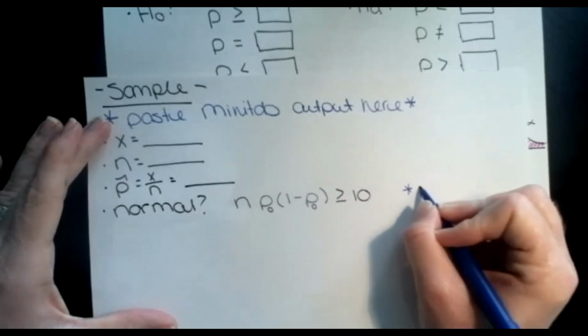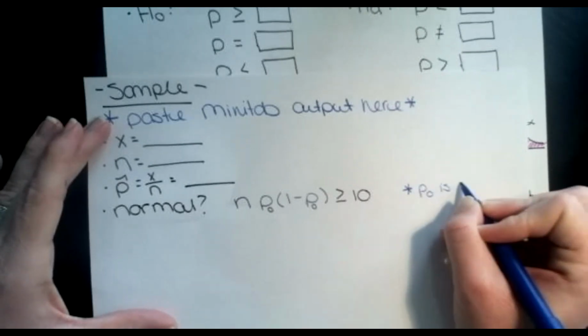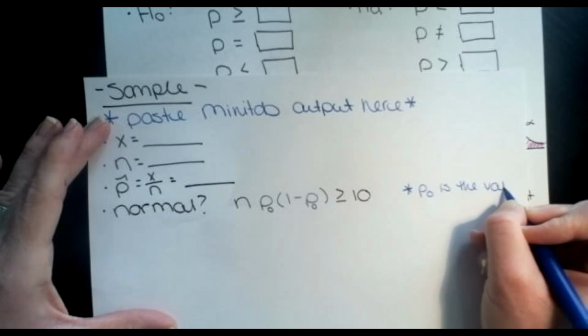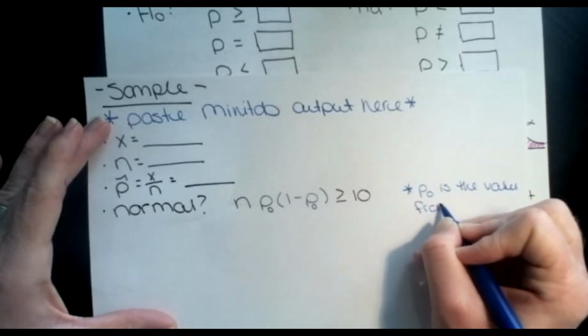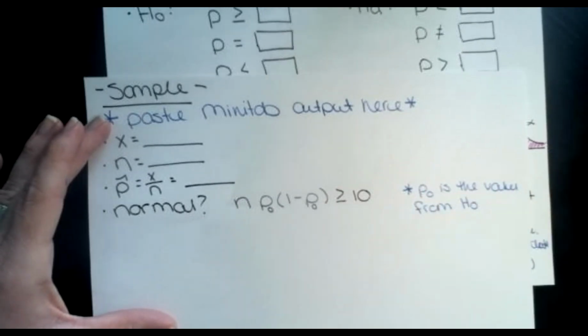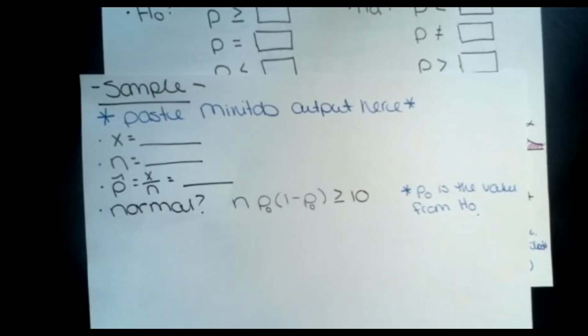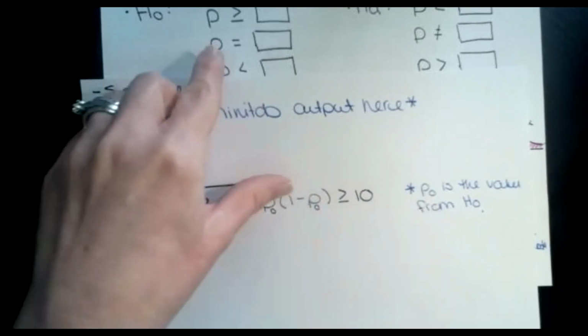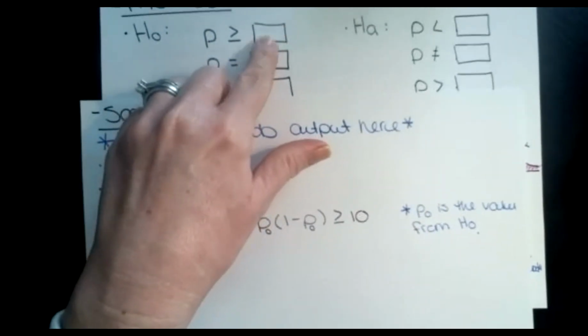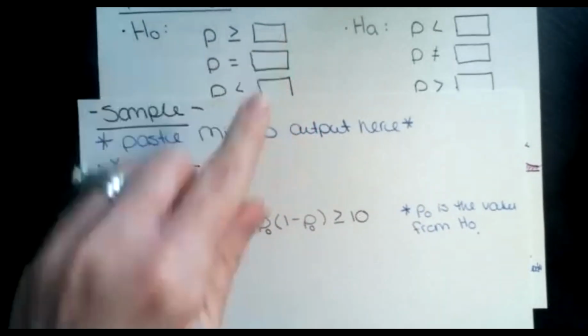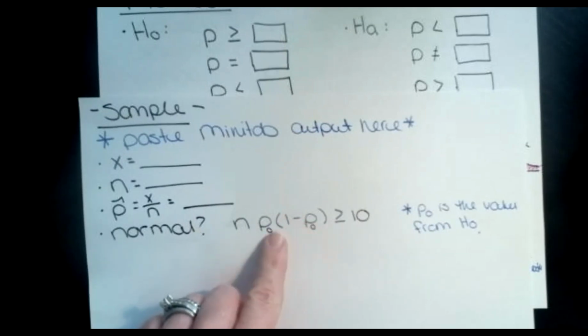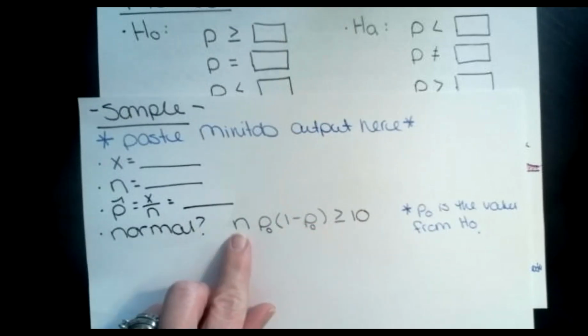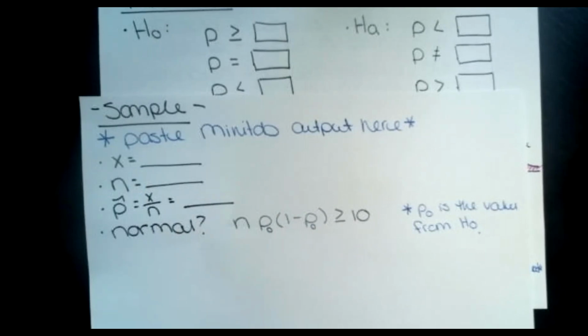P naught is the value from my null hypothesis. So if my null hypothesis has a 0.5 up here, then that means my P naught is 0.5, and that's what I'm plugging in to my calculation. Of course, N would be my sample size.